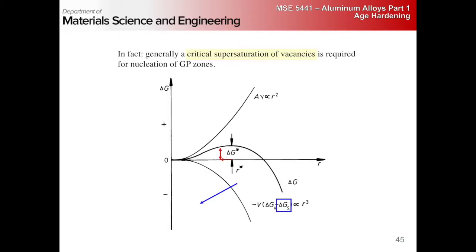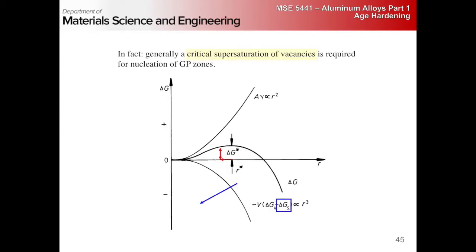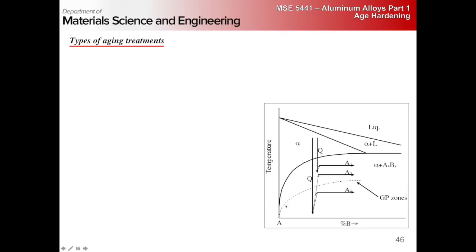Our activation energy is going to decrease as our critical radius gets smaller, making it easier to nucleate if we can reduce this strain term.